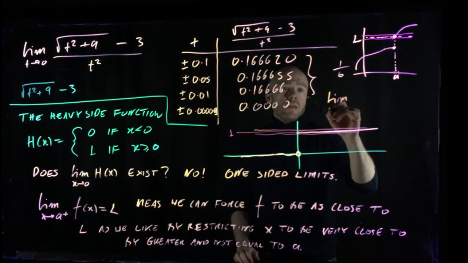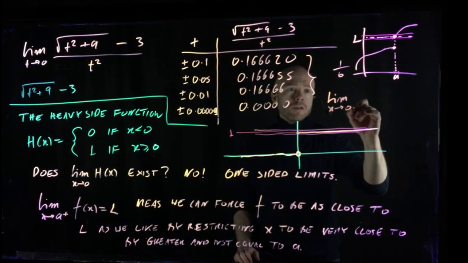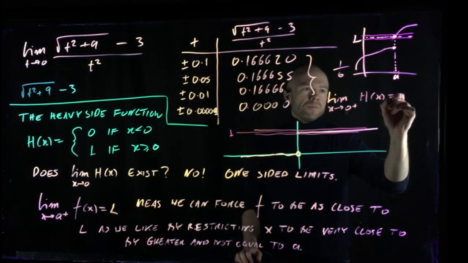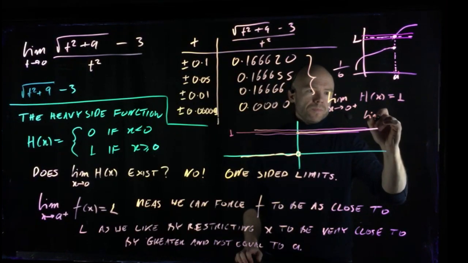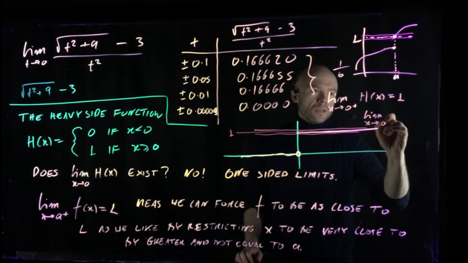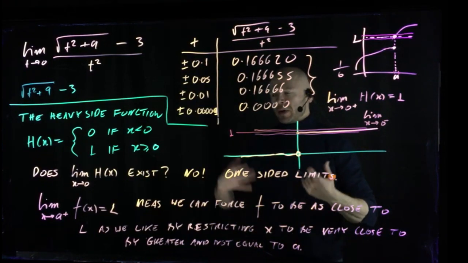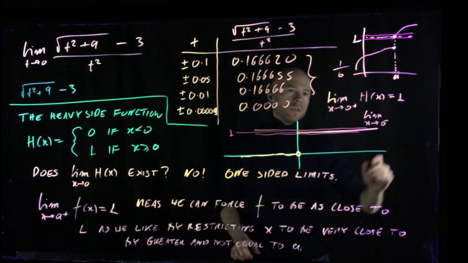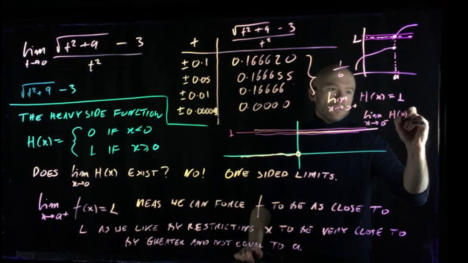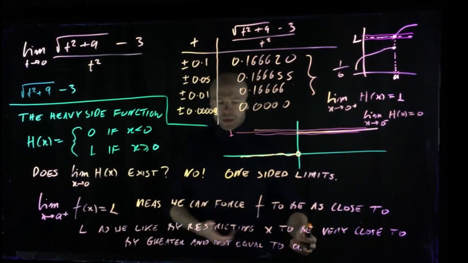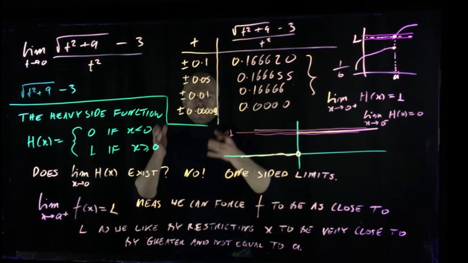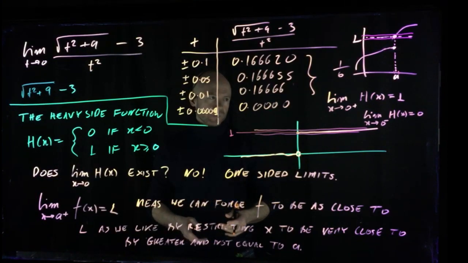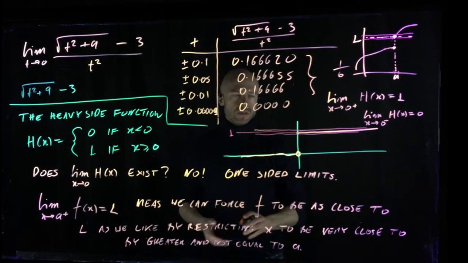And this Heaviside function certainly has one-sided limits, so let's write that. The limit as x goes to 0 from the right-hand side, H of x, is equal to 1. And the limit as x goes to 0 from the left-hand side, so we have an analogous definition for left-sided limits, when you approach from the left, is equal to 0. So it's exactly the same, except this time we're insisting that x is very close to A, but less than A. The left-sided limit is 0.